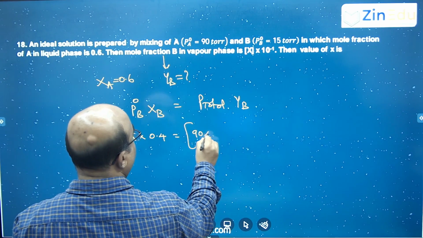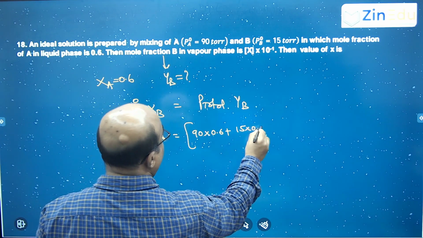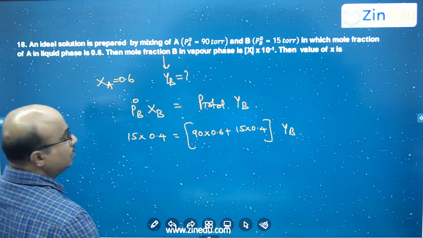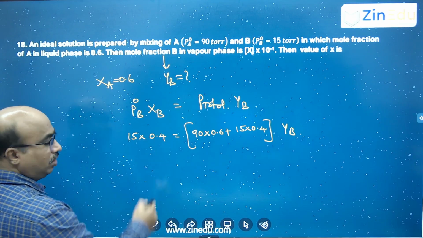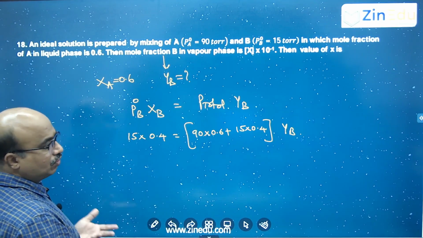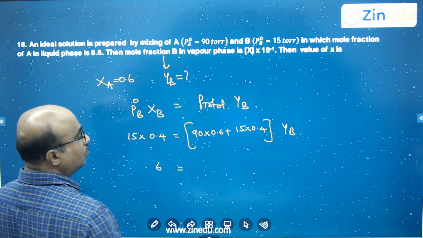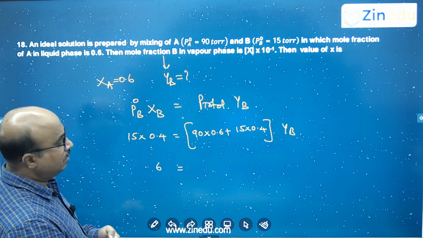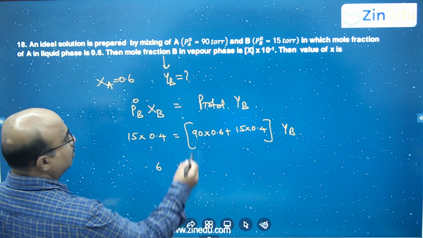So P total is 90 into 0.6 plus 15 into 0.4, and that multiplied by YB equals 15 into 0.4. So what is YB? 15 into 0.4 is 6. And 90 into 0.6 is 54.